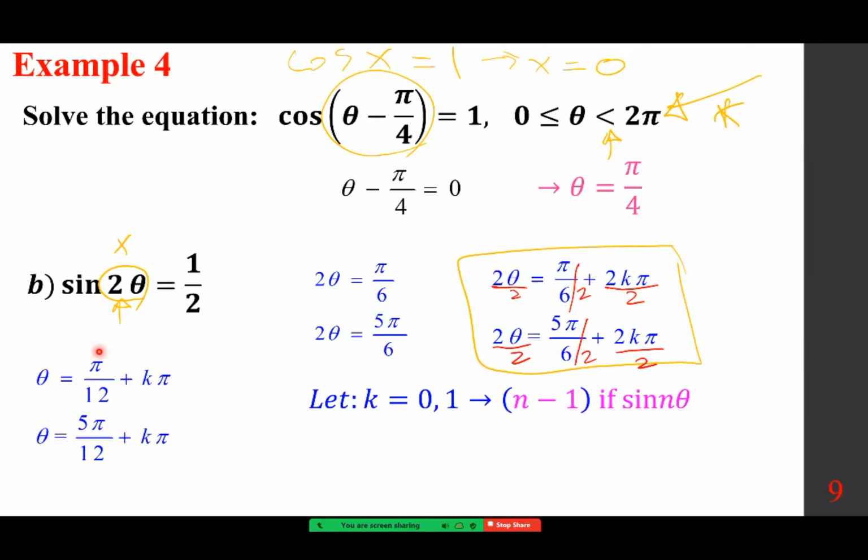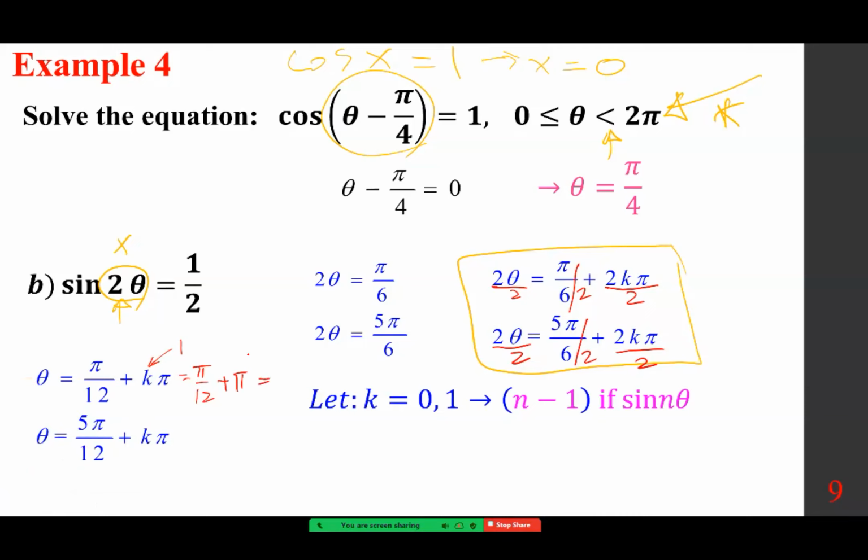So if you plug in 0, you get pi over 12 here, 5 pi over 12 here. Let's plug in 1 and I'll show you. So 0 is clearly, this goes away. So we have those two answers. Let's plug in 1, see what happens. So if I plug in 1, I get pi over 12 plus 1 times pi.